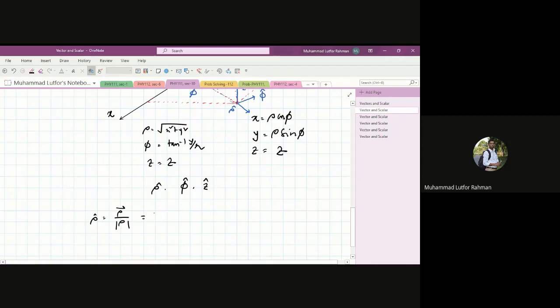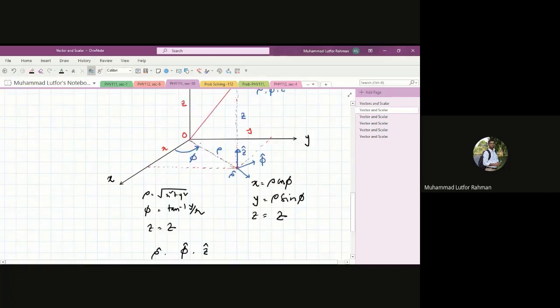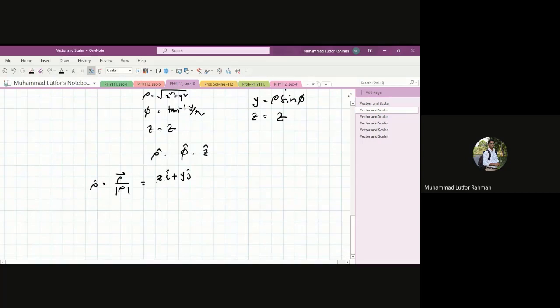Basically, say this vector is right now the rho vector. Then this is the x i vector and this is the y j vector. Then the rho vector would be x i head plus y j head using the vector triangle law again. Every time I will use that idea.